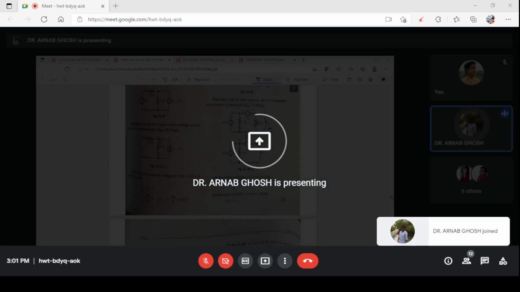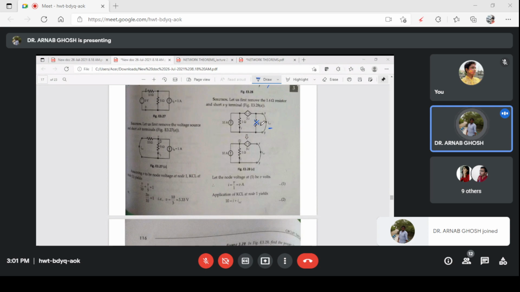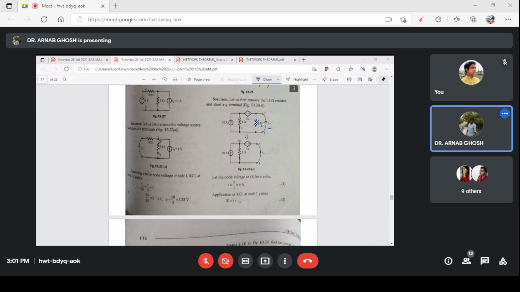ISC is flowing through XY, so no current is flowing through this. Therefore at this node, at node 1, if you apply the KCL, 10 ampere is entering the node, I and ISC are leaving the node, because you are having a short circuit current.